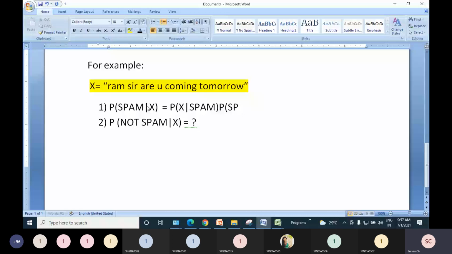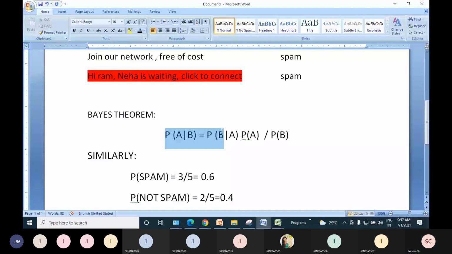I am applying this formula. P of A given B is equal to P of B given A into P of A, whole divided by P of B. This is what I am trying to apply here.